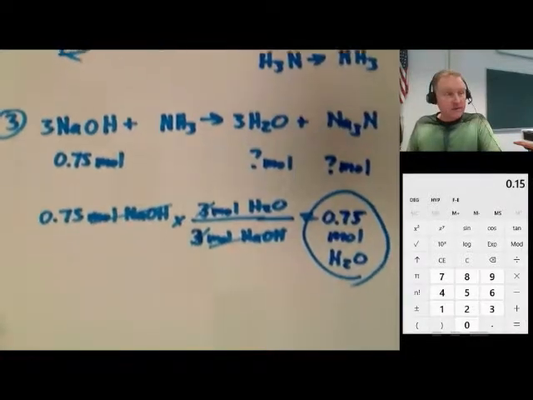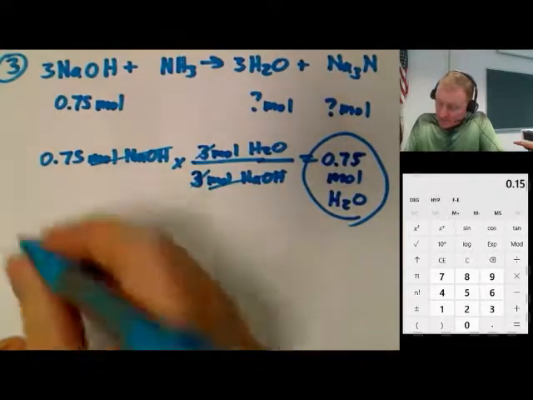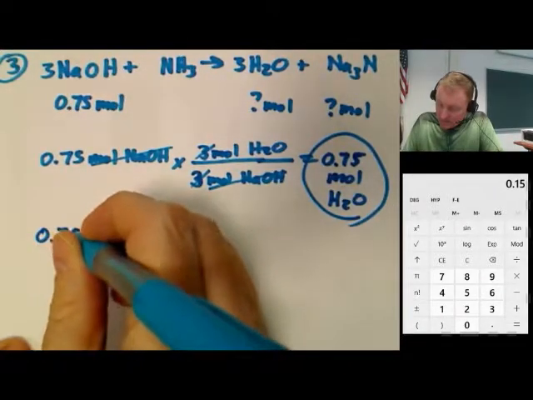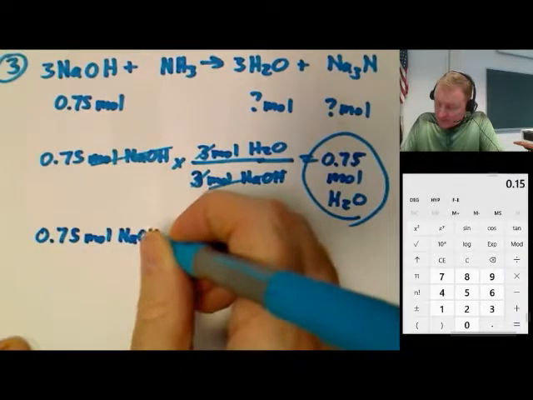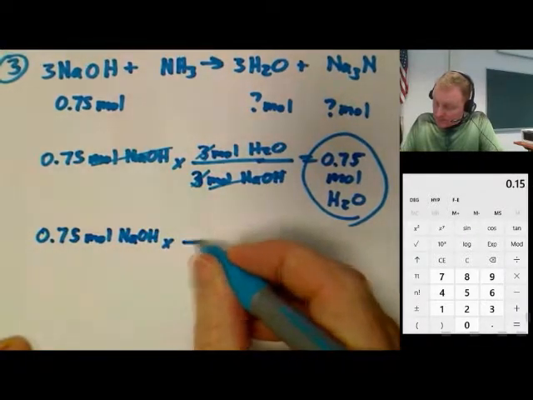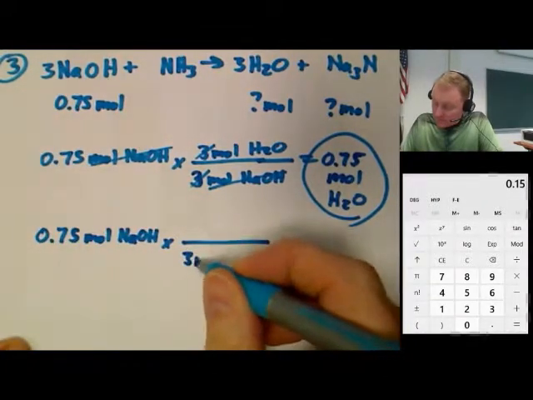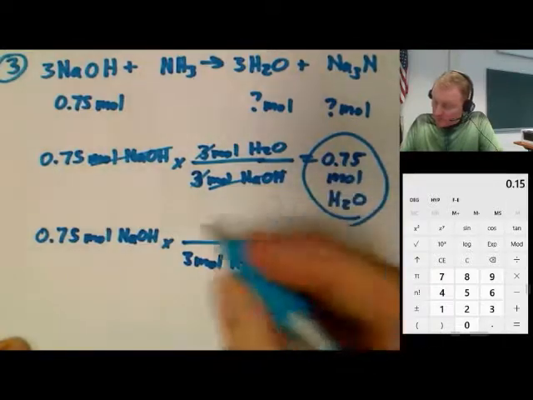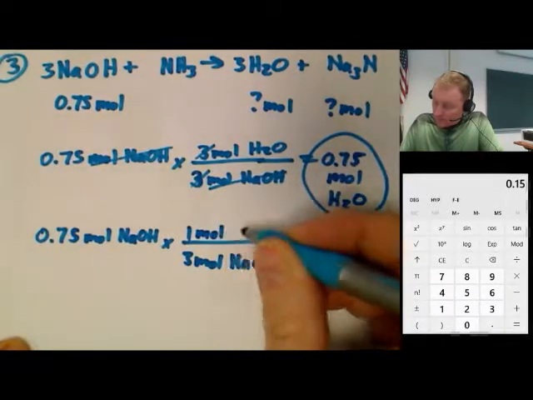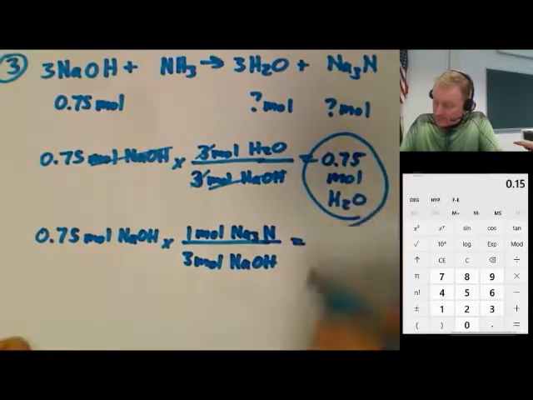Our next step will be just the same setup, but this time we're going to convert sodium hydroxide into sodium nitride. So again, 3 moles of sodium hydroxide per 1 mole of sodium nitride.